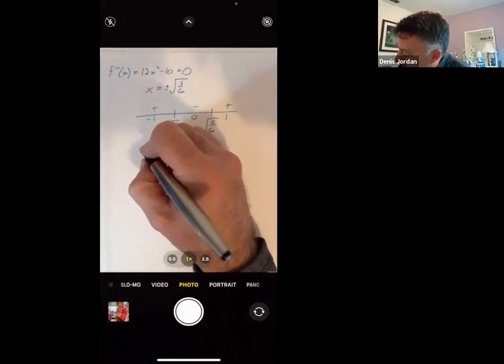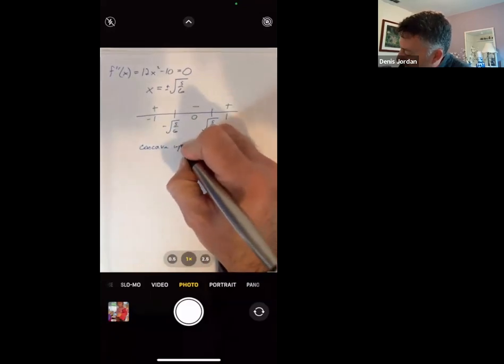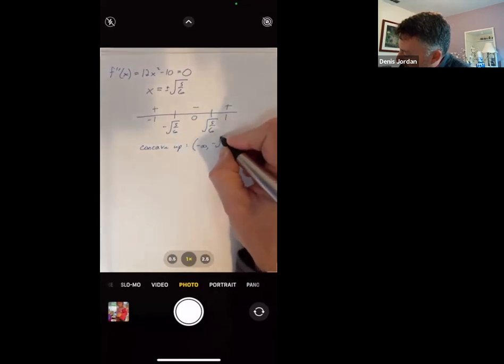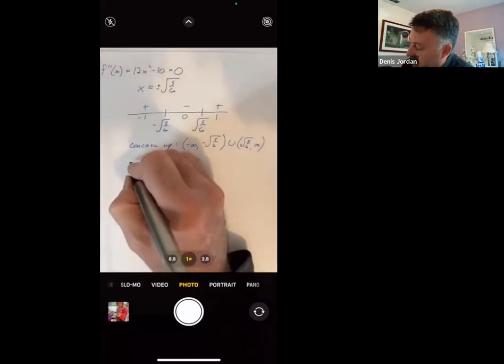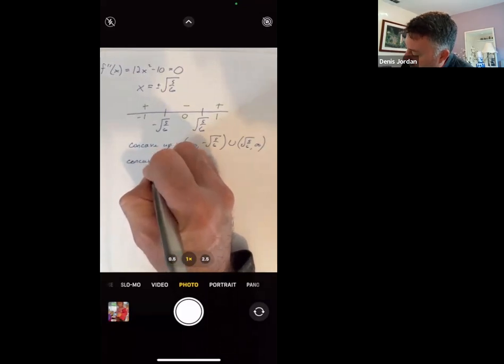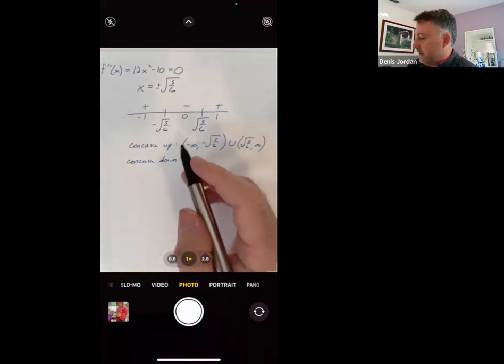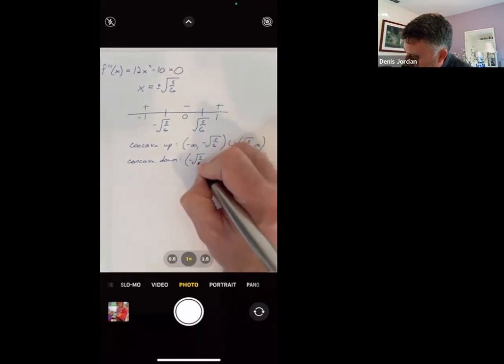Okay, so we've got concave up at all the plus signs: negative infinity to negative √5/6, and then √5/6 to infinity. And then concave down at all your minus signs, so just in between the √5/6s.